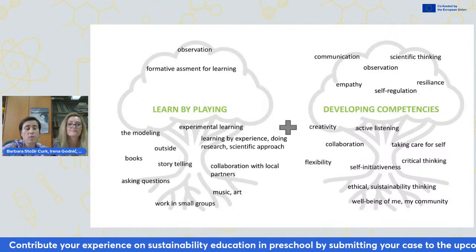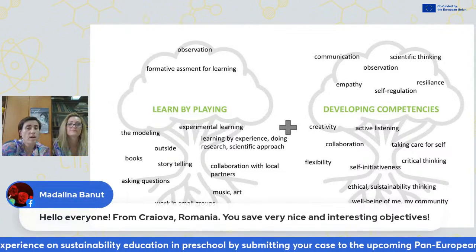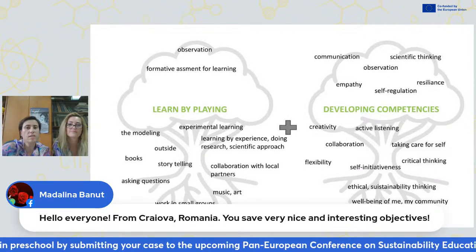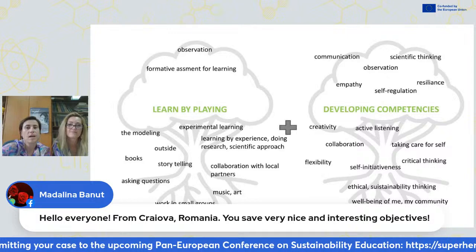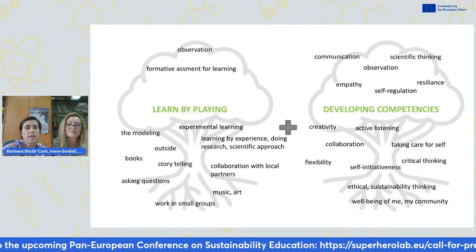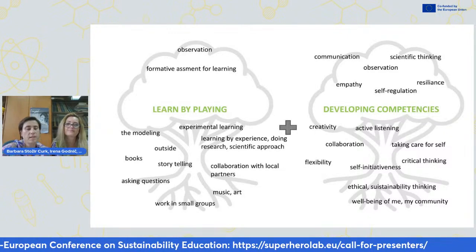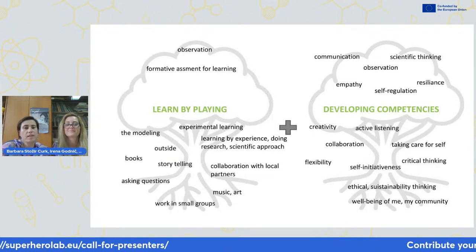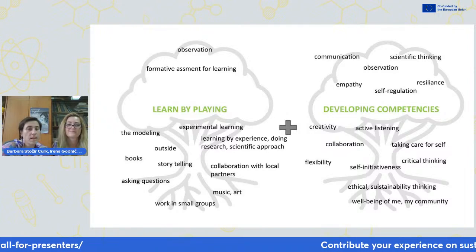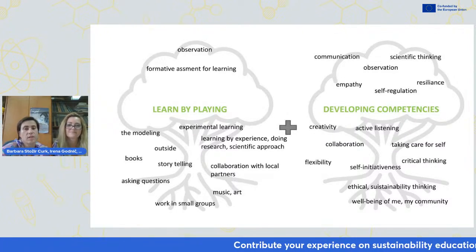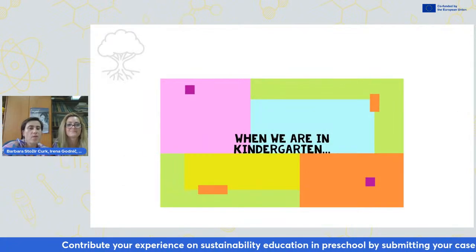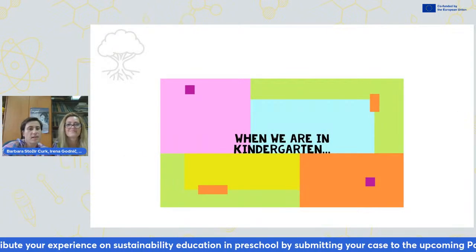And with all these activities, we try to develop competencies about communication, scientific thinking, resilience, empathy, creativity, flexibility, self-initiative, critical thinking, and because we are now in this project, a lot about ethical and sustainability thinking.